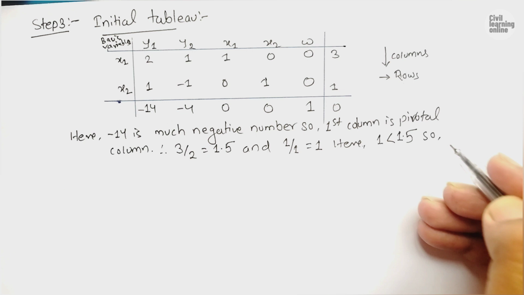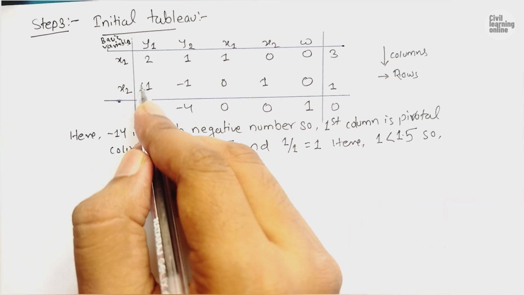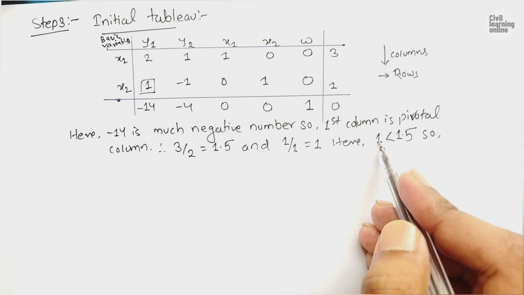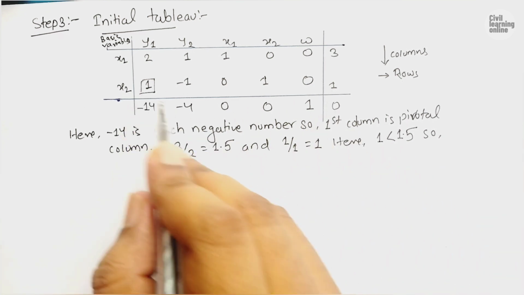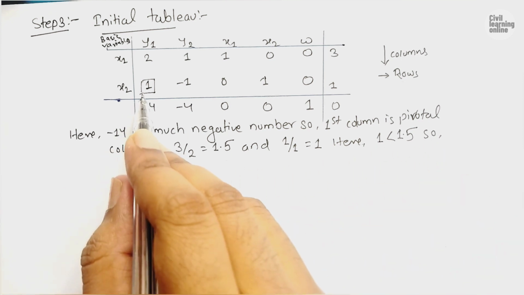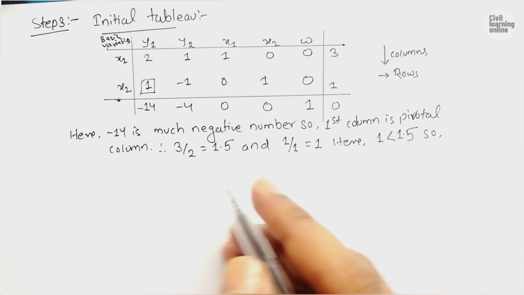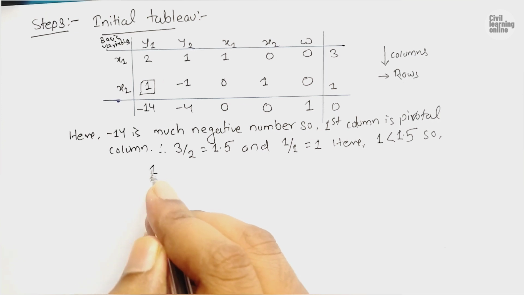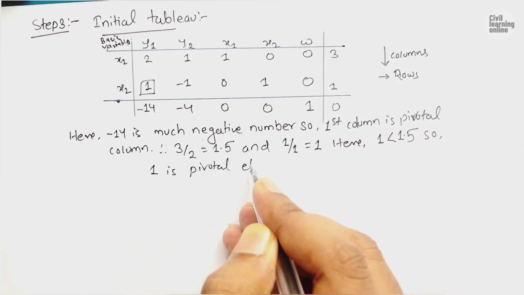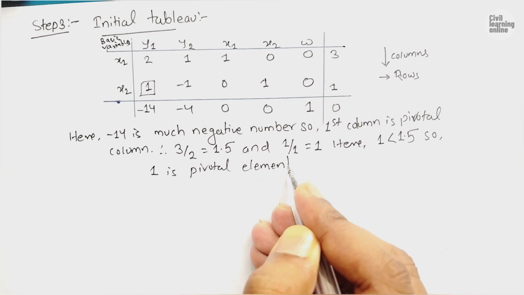So we have got the pivotal element: 1 is our pivotal element, because 1 is less than 1.5. How did we get 1? We divided this element by this, and the least value is 1. So this element 1 is the pivotal element.